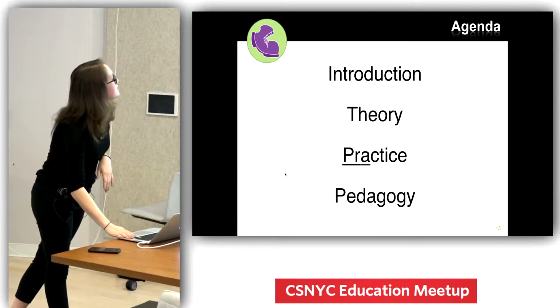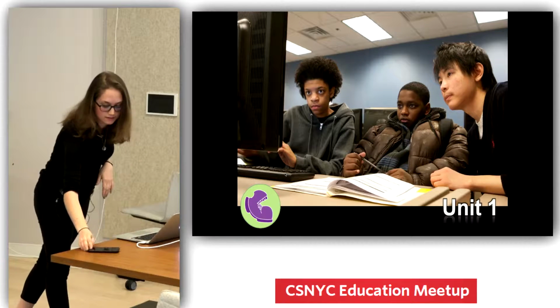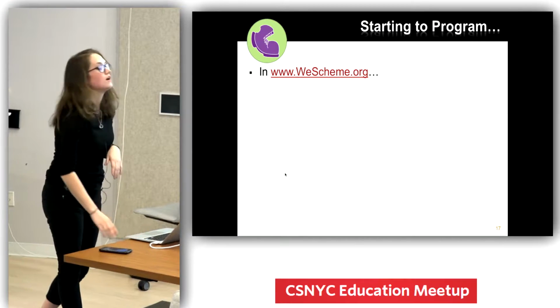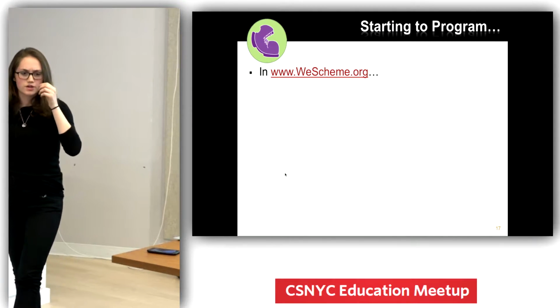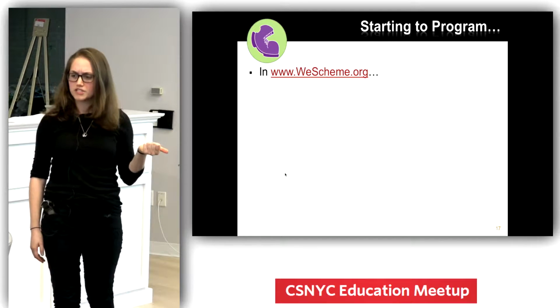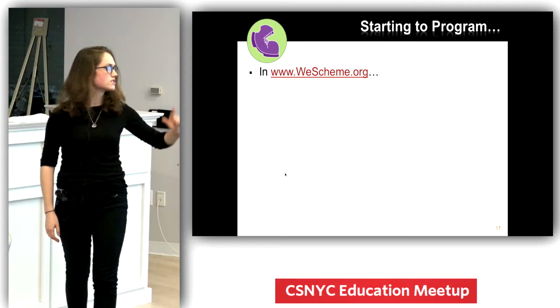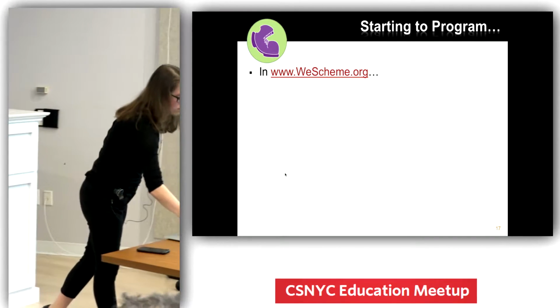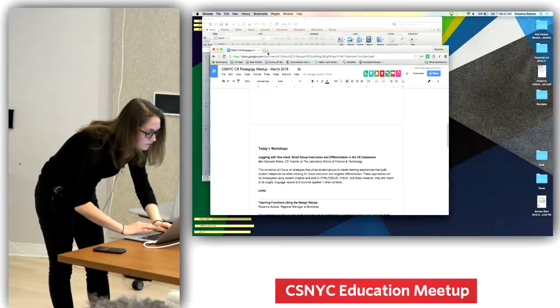All right, now for the fun stuff. So unit 1, in the Google Doc that's shared with you, there's 2 links. The first is to our materials, so you can check those out, and the second is to WeScheme. So I would go to the WeScheme link right now. I'll log in as well.